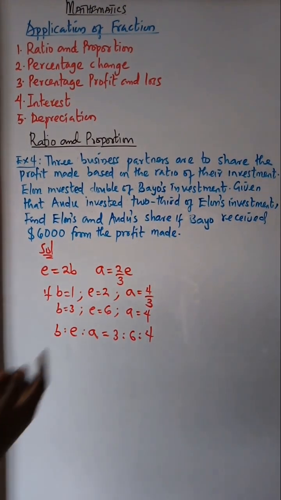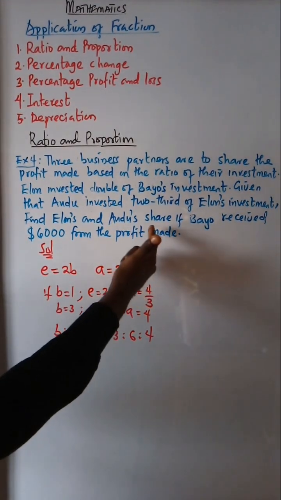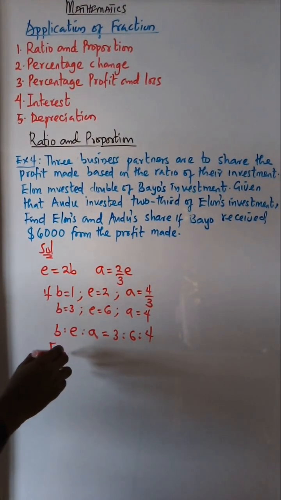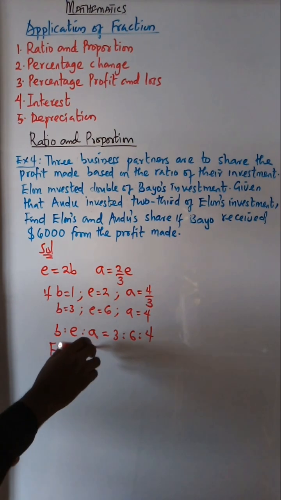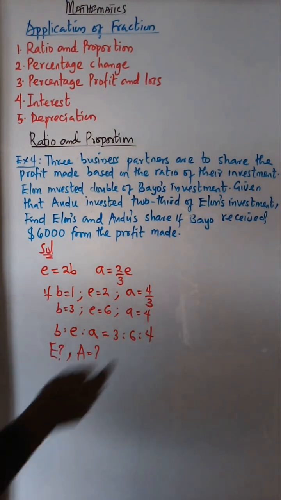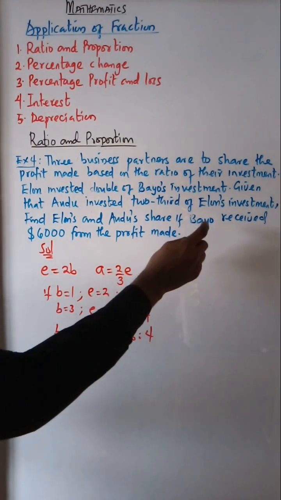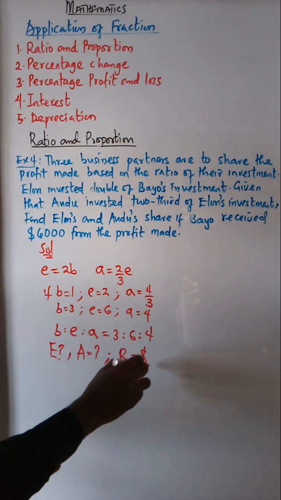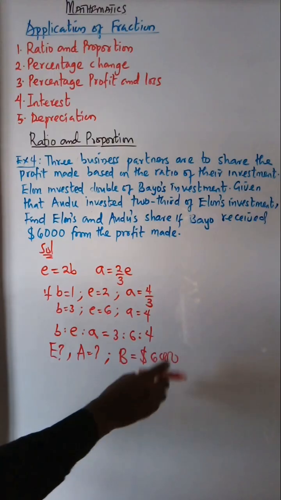So we're now told that we are looking for Elon's share and Audu's share. Let Elon's share be capital E, and Audu's share be capital A. We are looking for capital E and capital A. But the thing is, we are not given capital B, because you are given what Bayer received. We are told that Bayer received $6,000. And how is it gotten?